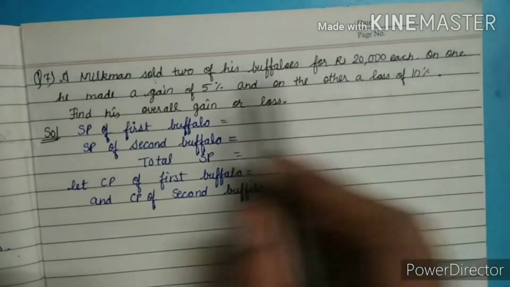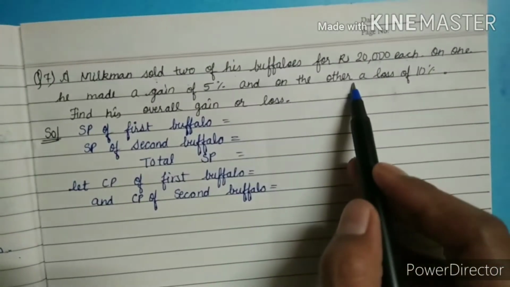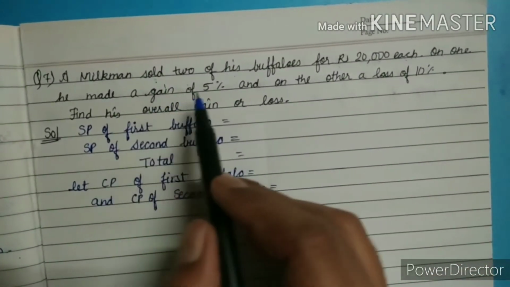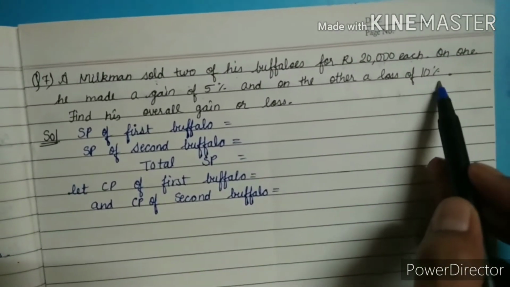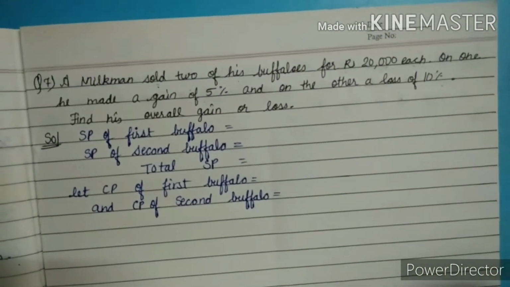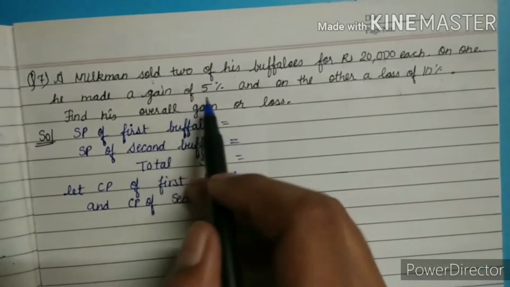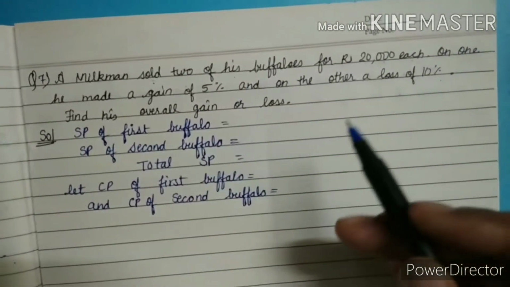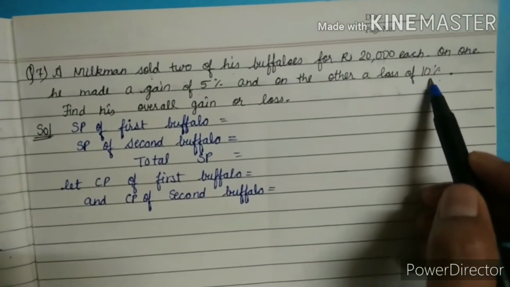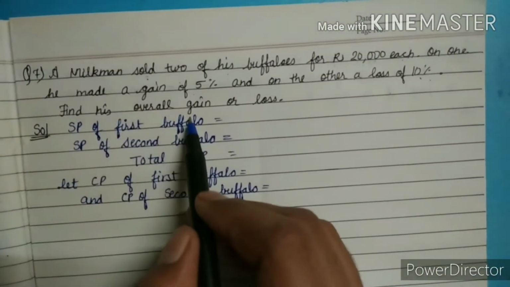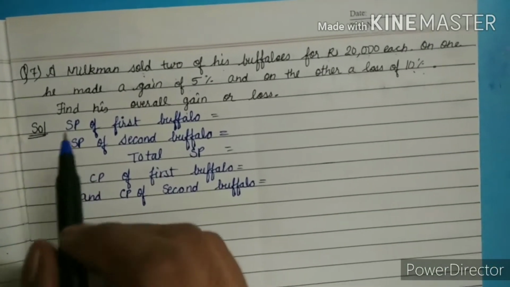On the first he made a gain of 5%, and on the other a loss of 10%. It means when he sold the first one he got a gain of 5%, and when he sold the second one he got a loss of 10%. Find his overall gain or loss. Okay, so let's do it.